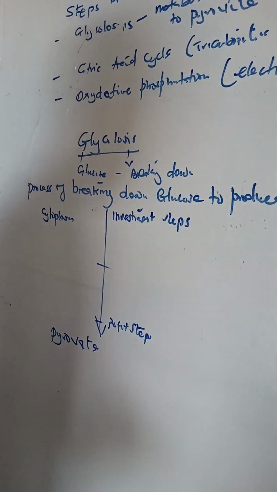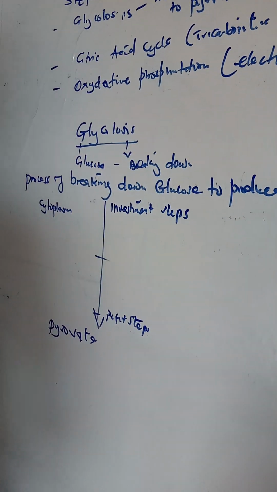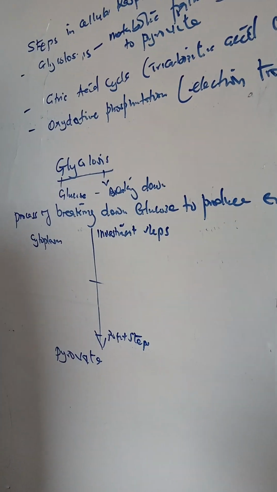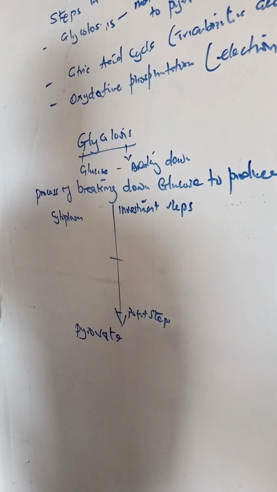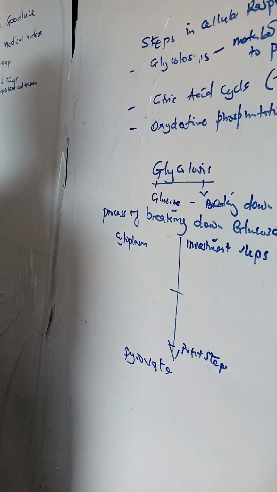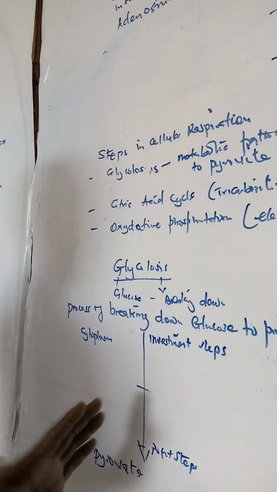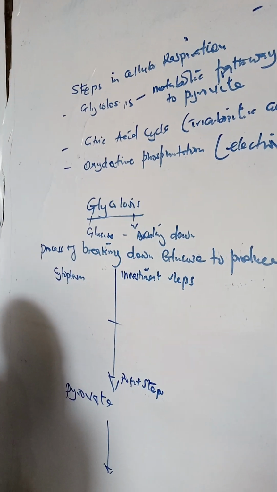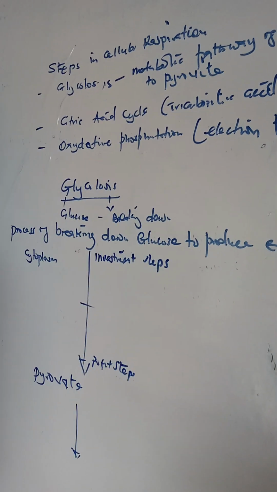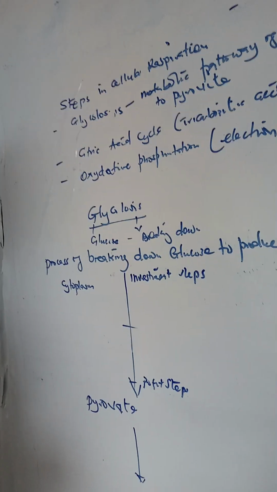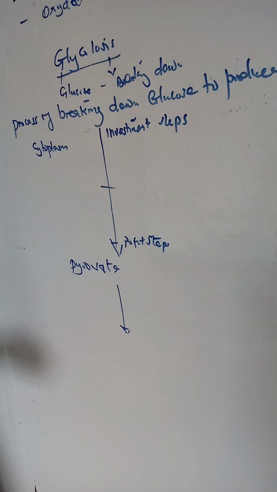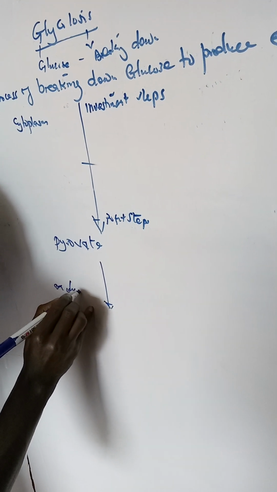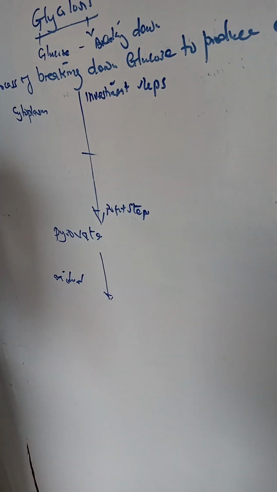From pyruvate, in the process, pyruvate is converted from 3-carbon pyruvate to 2-carbon acetyl. So pyruvate is then oxidized to acetyl-CoA.